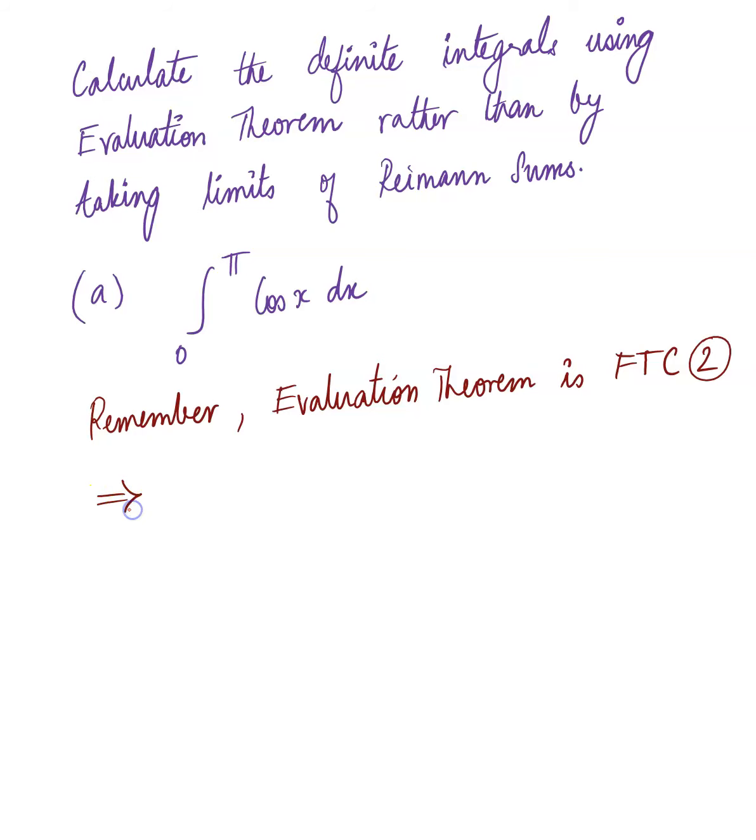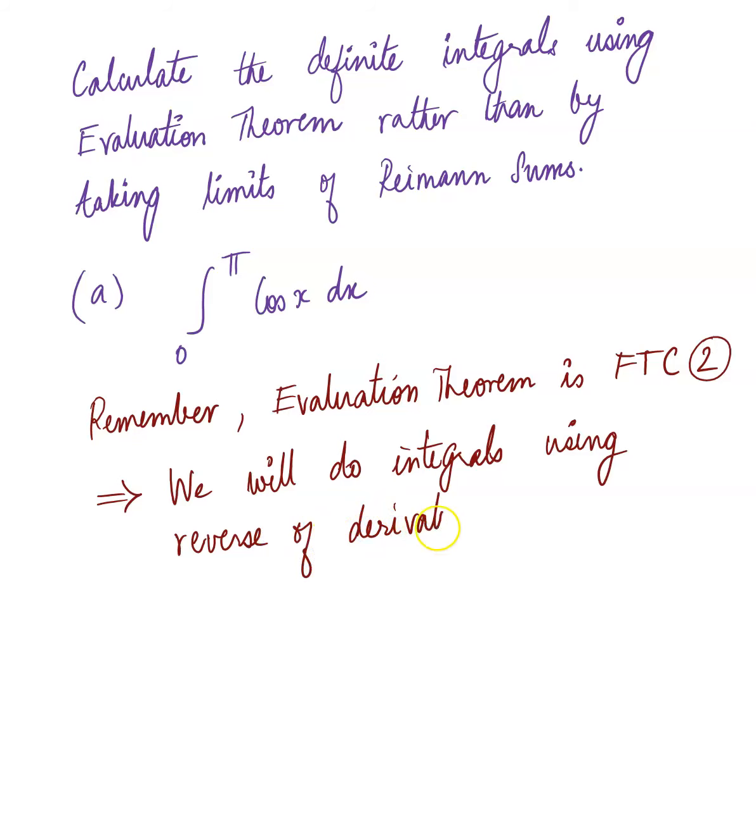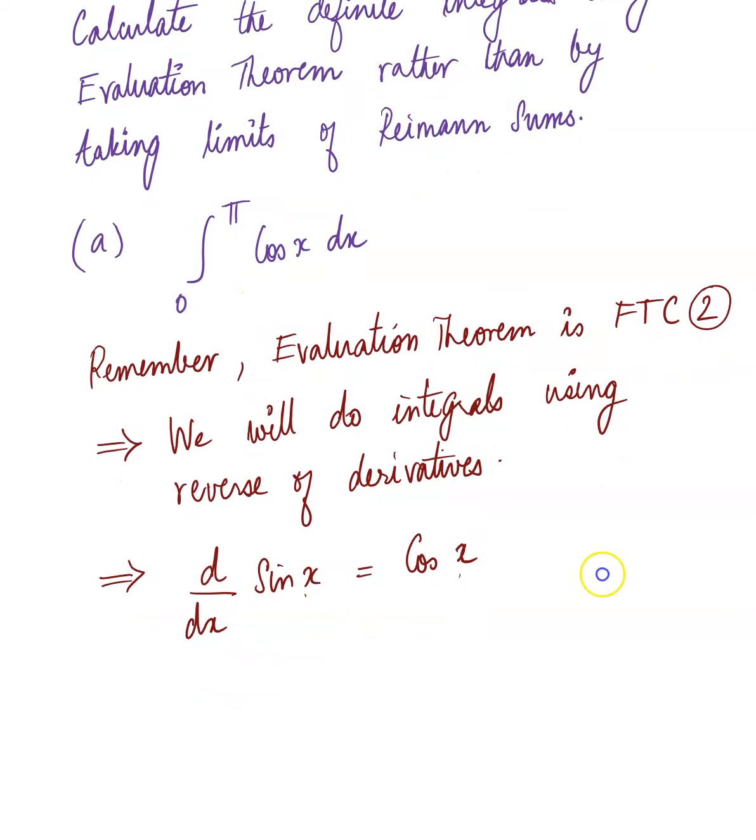So this implies we will do integrals using reverse of derivatives. So in other words, it implies that d over dx of sine x gives us cosine x, isn't it? Yeah. So derivative of sine x gives us cosine x. We're asked to find the integral of cosine x dx.